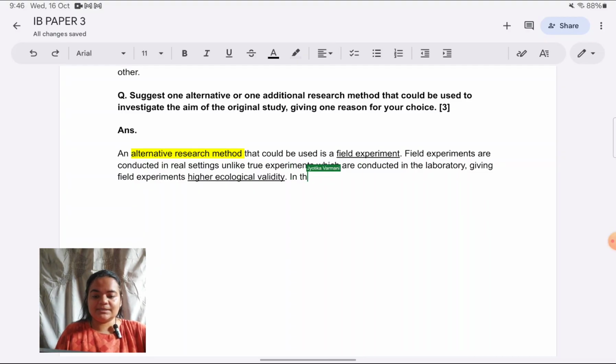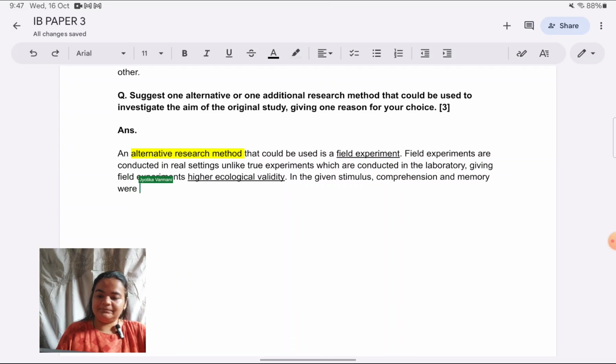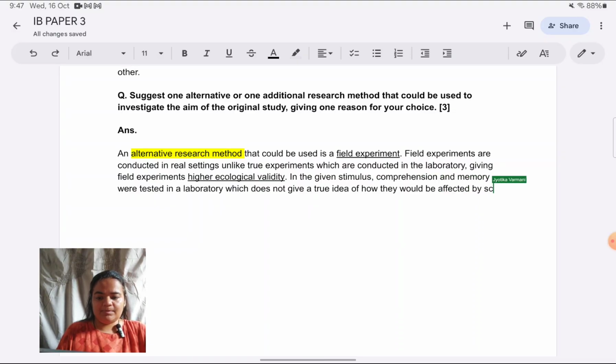In the given stimulus, reading comprehension and memory were tested in a laboratory, which does not give a true idea of how they would be affected by screen or paper reading in actual academic contexts.